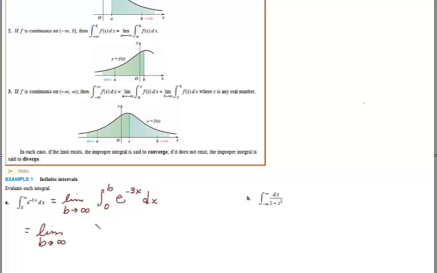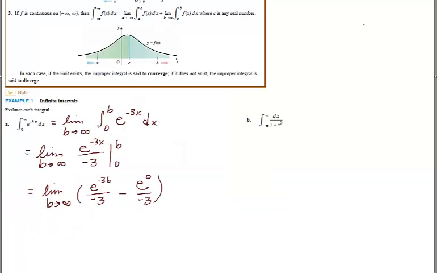So this would be e to the minus 3x over negative 3 evaluated from 0 to b, plugging in those limits of integration. Alright, this is what I get when I plug in that b minus the 0. I'm going to do a little bit of algebra here and then I'll take that limit.